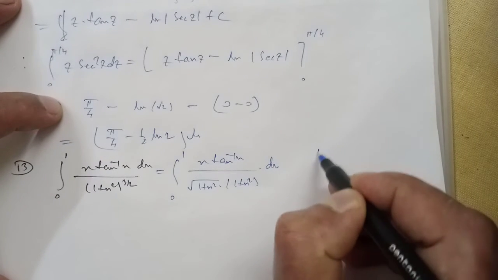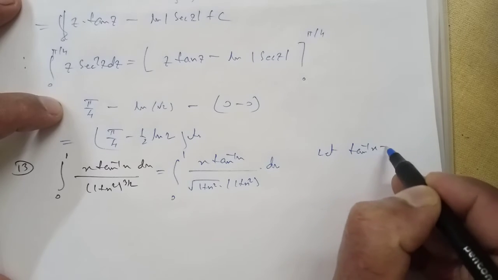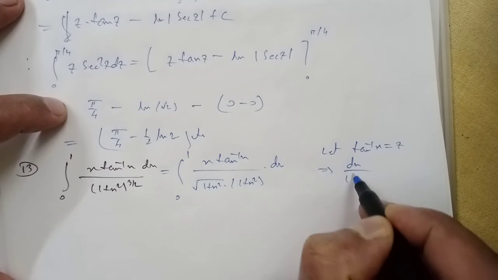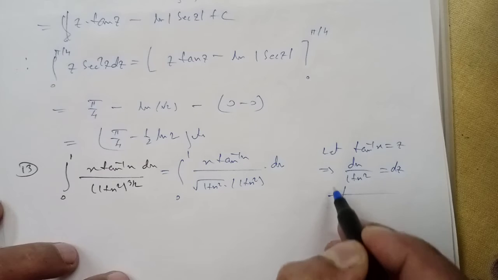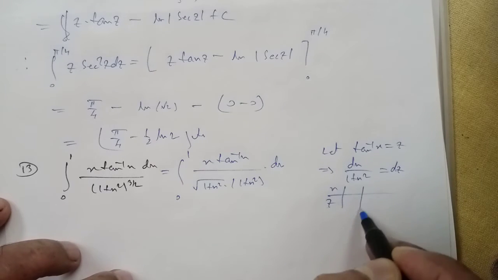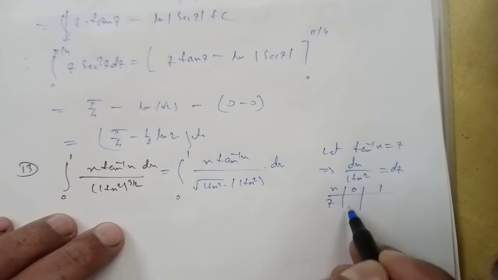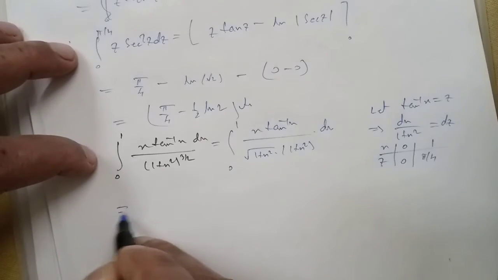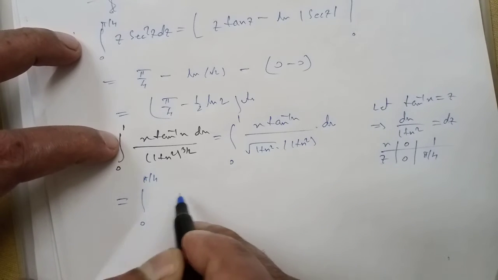Now let tan inverse x equal to z, that gives dx by 1 plus x square is dz. Now do the limit change, limits of x are 0 and 1. If you put 0 here you get 0, if you put 1 here you get pi by 4. So your interval of integration becomes 0 to pi by 4.